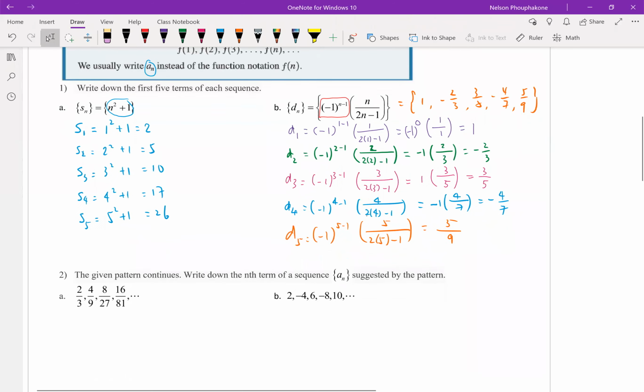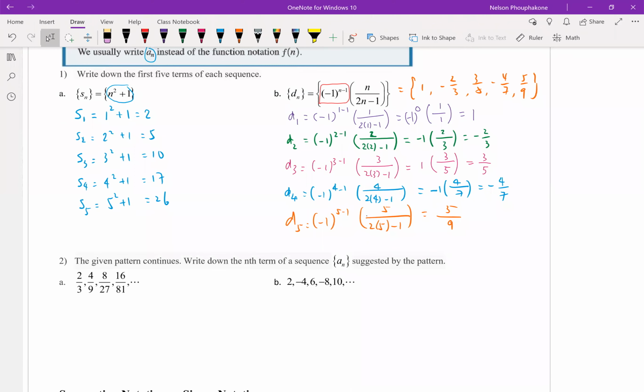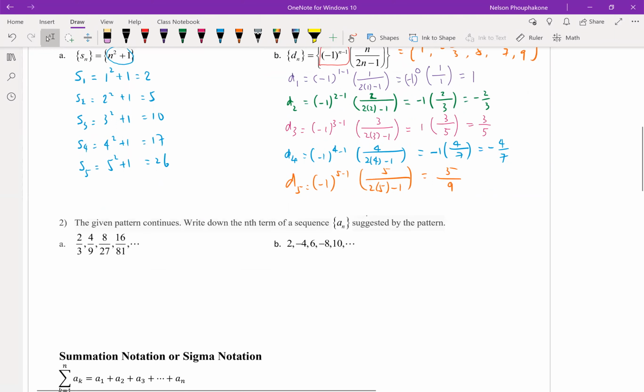Okay, so the next one is one where we need to see the pattern of a list, and from the pattern, we create the function of the sequence. So let us look at this one. I have 2 over 3, 4 over 9, 8 over 27, 16 over 81.